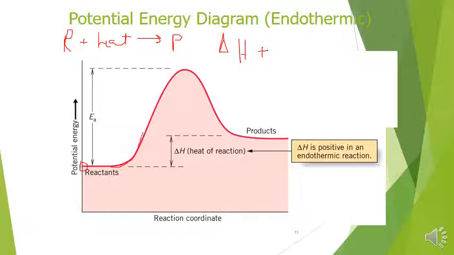Again, you still need to add energy, and this is not the endo part of it. So you add energy to get to the activation. This is the activation energy, and then it flies down again, but it doesn't go as far down as it did before.